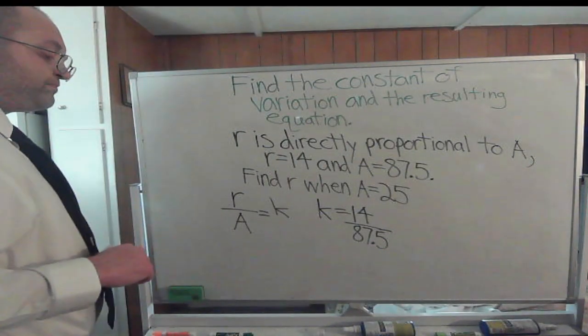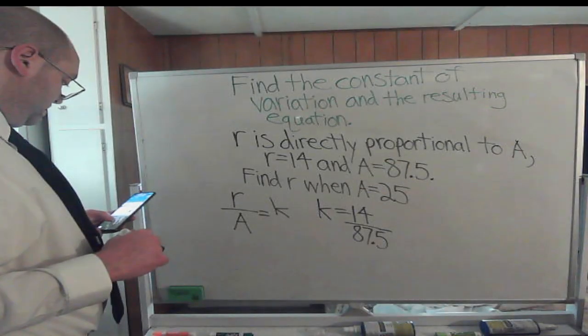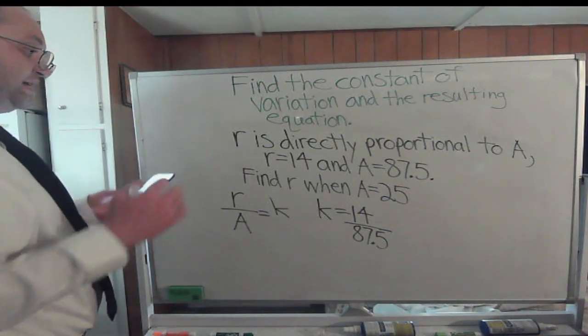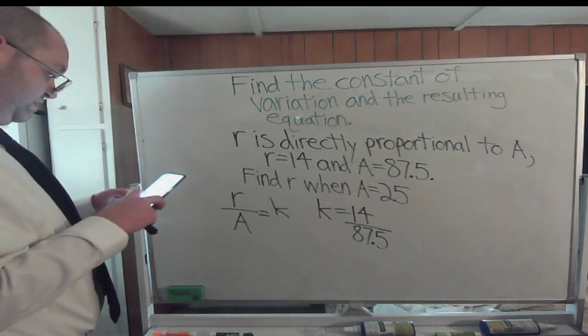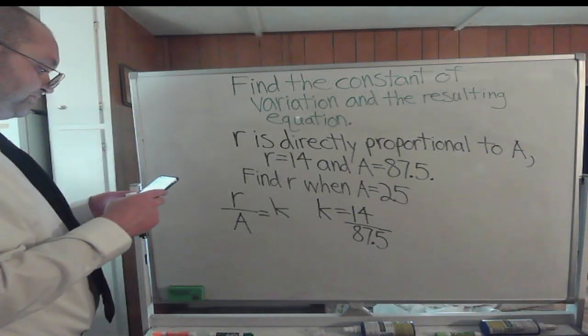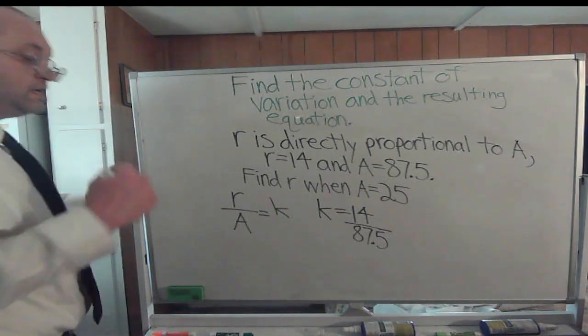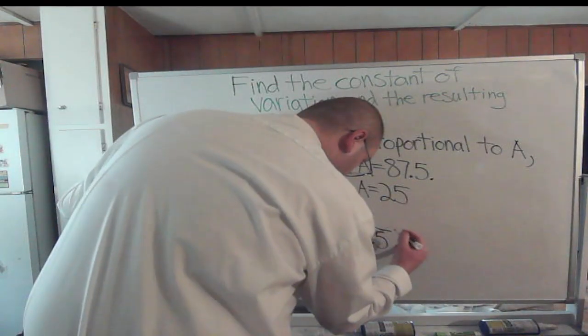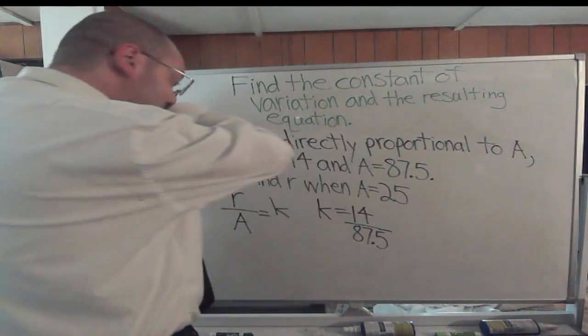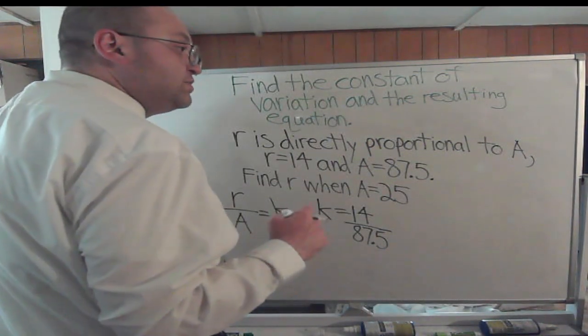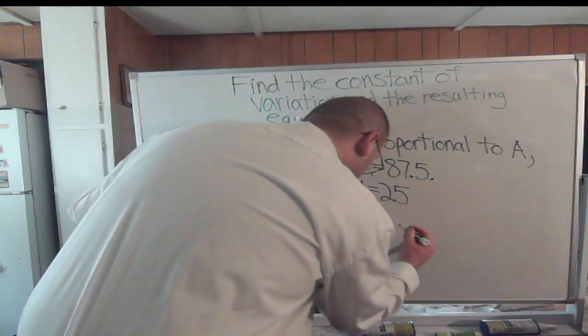Well, now we just want to find the constant of variation. Which, let's see, that comes out to be 16/100ths, 8/50ths, 4/25ths.